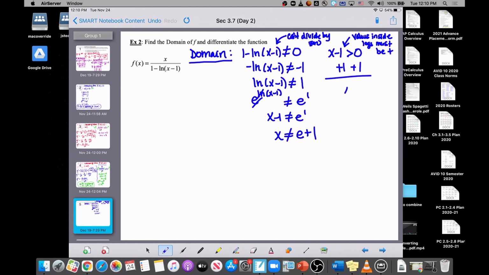Okay? Then over here, this one's easier. I add 1 to both sides and I find out x has to be greater than 1. Right? So when I combine these two together, x cannot be equal to e plus 1, which is a number that is bigger than 1, and x has to be greater than 1.